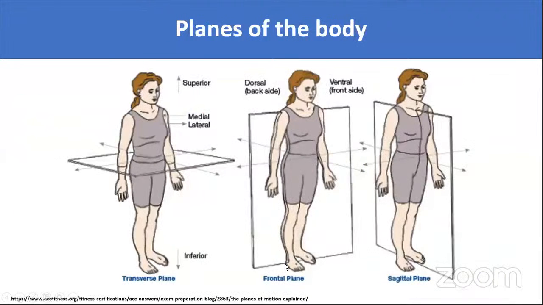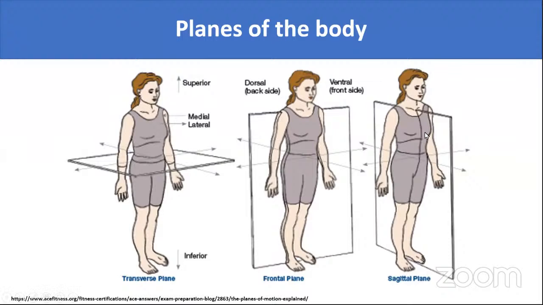This frontal plane is also called the coronal plane. This coronal plane divides the body into anterior or ventral side and posterior or the dorsal side. So the face part of this person is the ventral or the anterior part, whereas the back part of this person, this lady, is the dorsal or the posterior part or posterior side of the body.